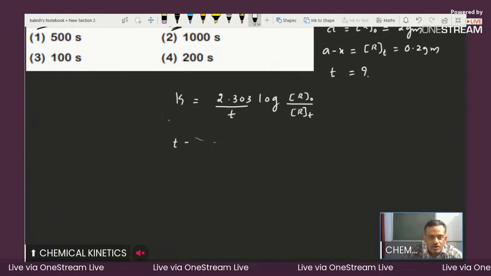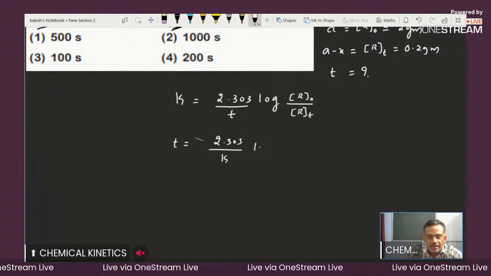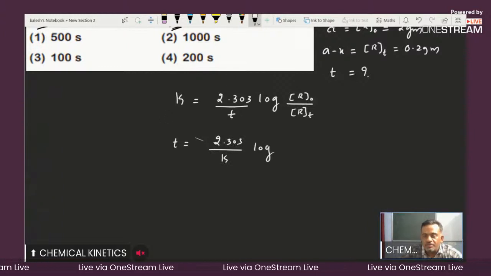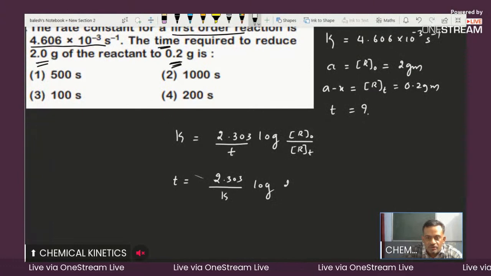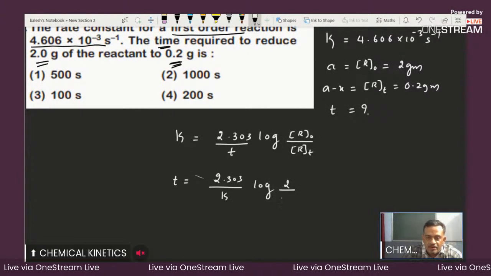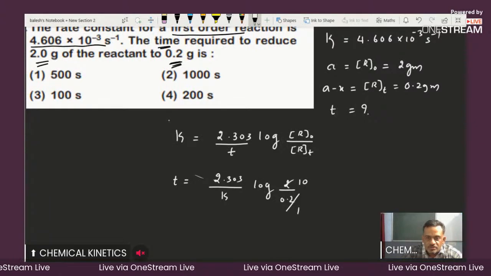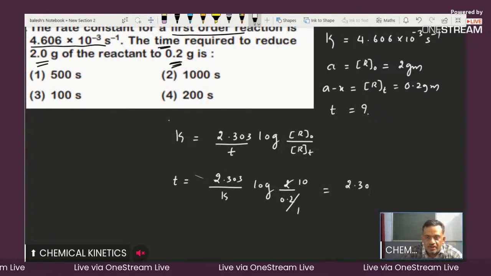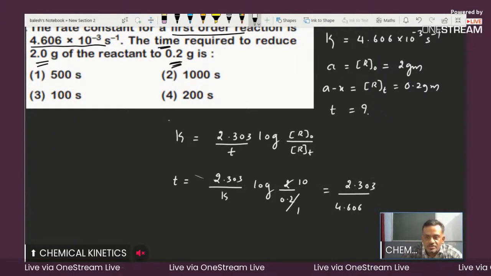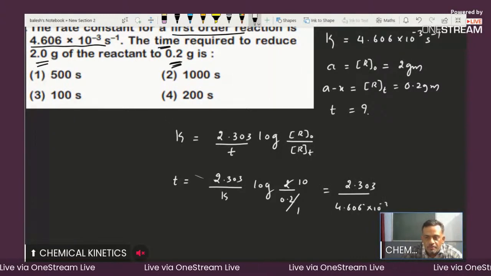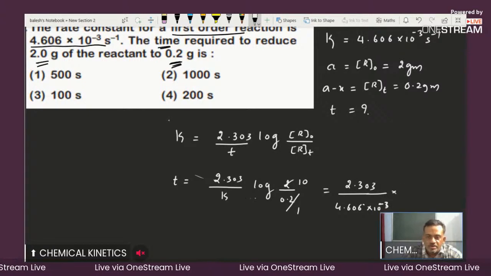The equation becomes t equal to 2.303 by k into log of R naught by Rt. R naught means the initial value, which is 2 gram. The remaining value is 0.2. So 2 by 0.2 is 10. That becomes 2.303 by k, where k is 4.606 into 10 raised to minus 3, into log of 10.